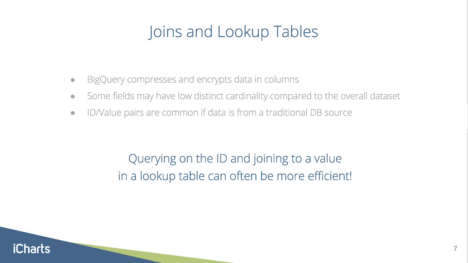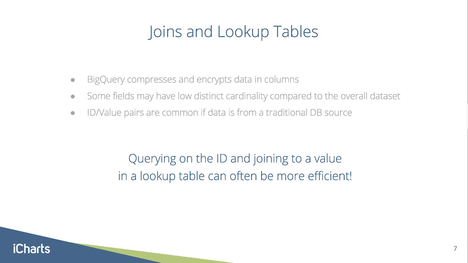But we can actually get a little bit more out of it beyond just the compression that they have with joins and lookup tables. Especially when you may have some fields that have a low cardinality compared to overall data set, and I'll show you an example of that.